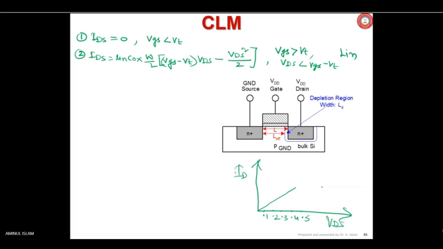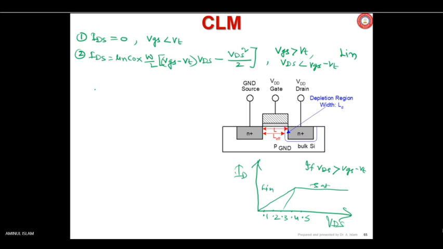Okay, after that, if VDS is greater than VGS minus VT, then current becomes saturated, means it doesn't increase further, it becomes parallel to the x-axis. Current ID is independent of VDS. This is linear, so it is called linear region, and this is saturation region.